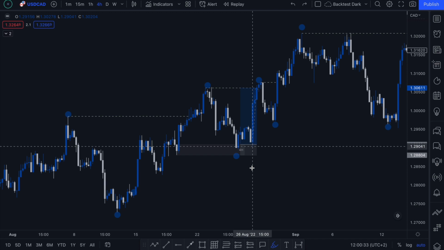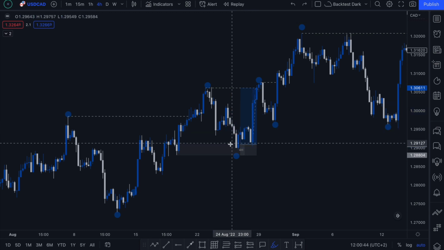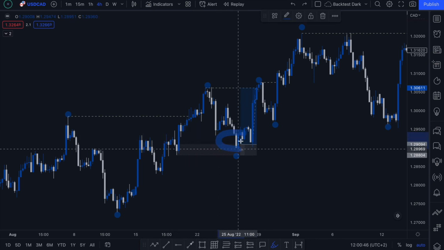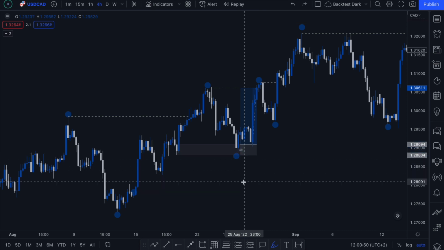Okay. One thing that is missing from this particular setup is liquidity, imbalance, and premium and discount. Well, no problem. Do we have any liquidity above this demand zone before the mitigation?